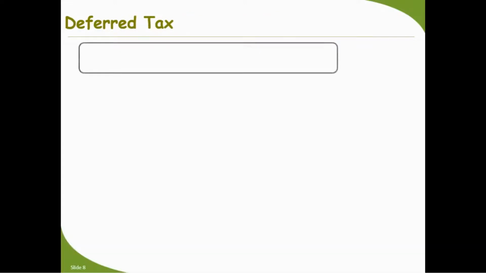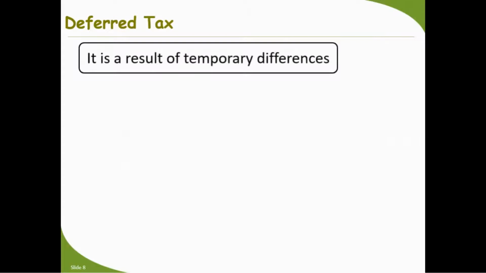Then what is deferred tax? As I discussed earlier, deferred tax is a result of what? Temporary differences. Temporary differences could be taxable temporary differences or deductible temporary differences.